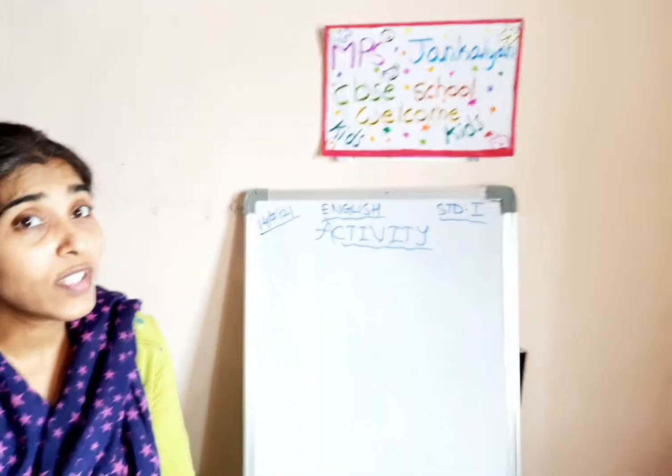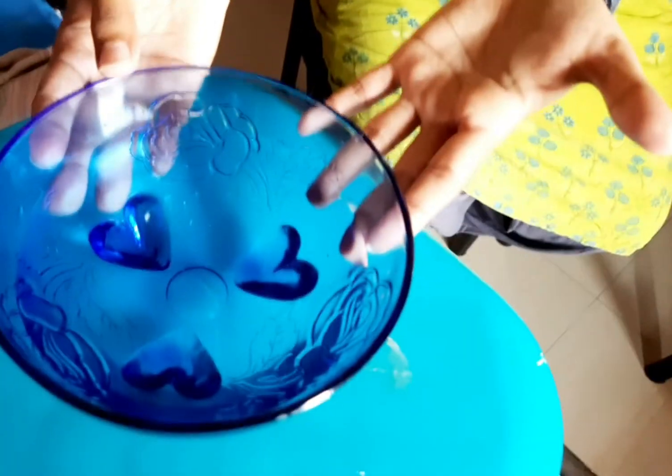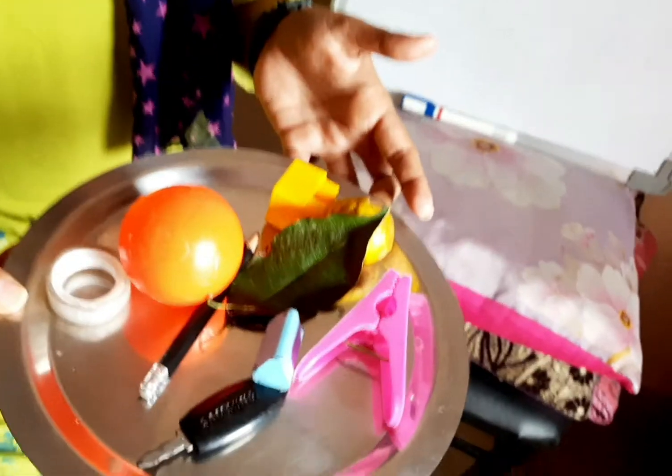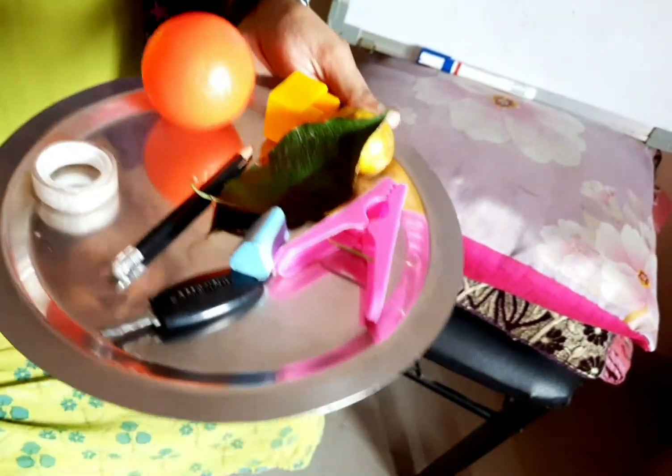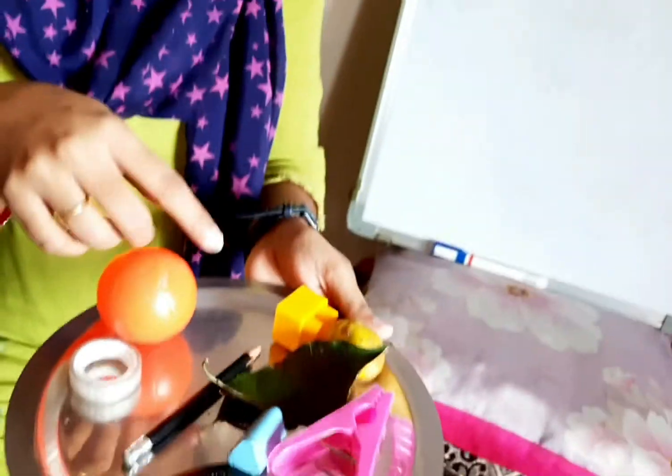For this activity, here I have a bowl of water and I have few objects. Let us see which of these objects float on this water and which of these objects sink in the water. So let's begin our activity.